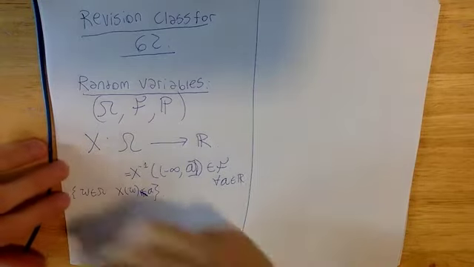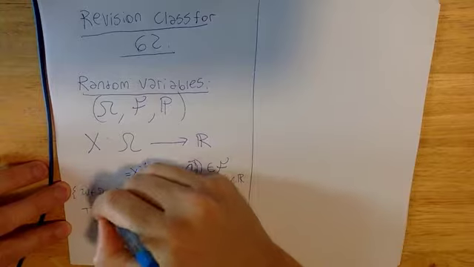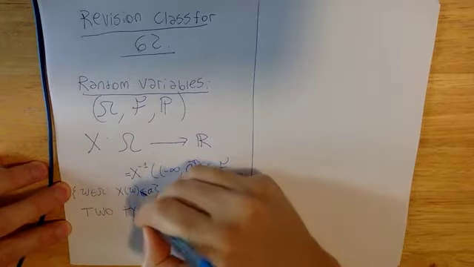There are two types of random variables. Well, there are more than two types, but there are two that we study.